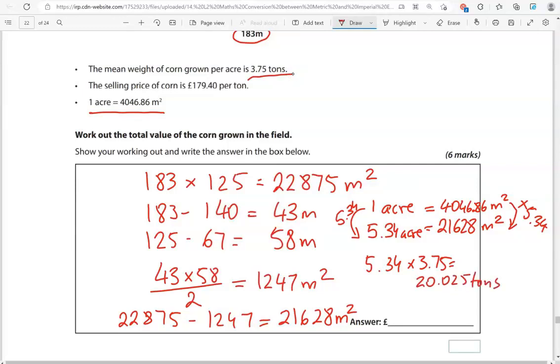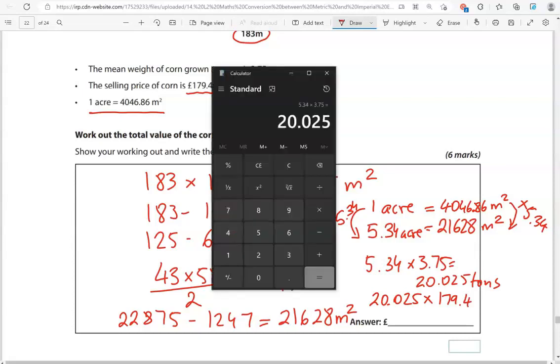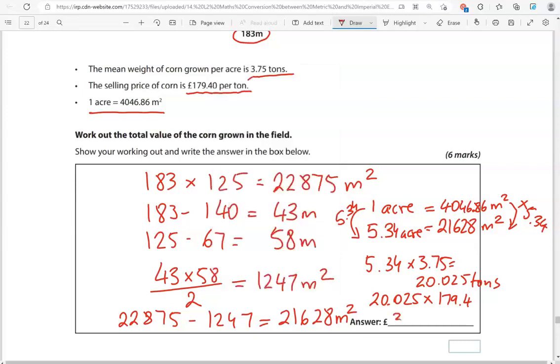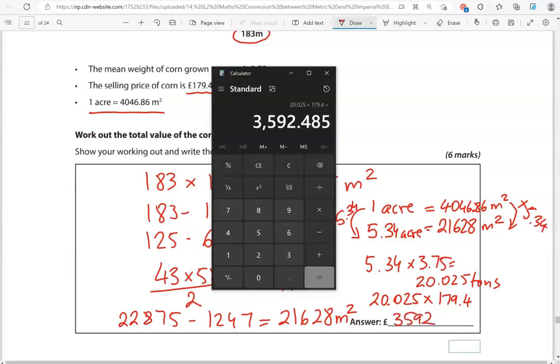Now, the selling price of corn is £179.40 per tonne. We've got 20.025 tonnes, so if we multiply that by 179.4 should give us the final answer, which is 3,592 pounds and 49 pence.